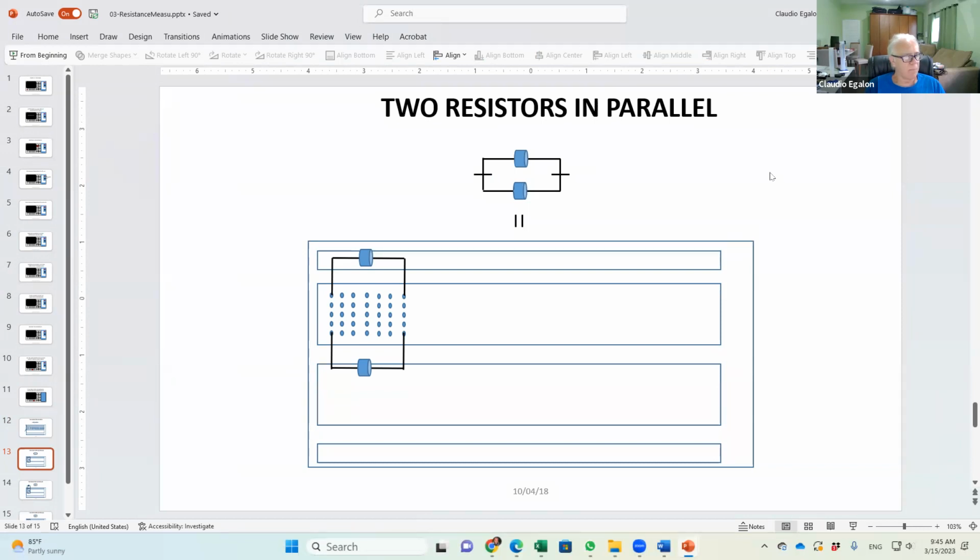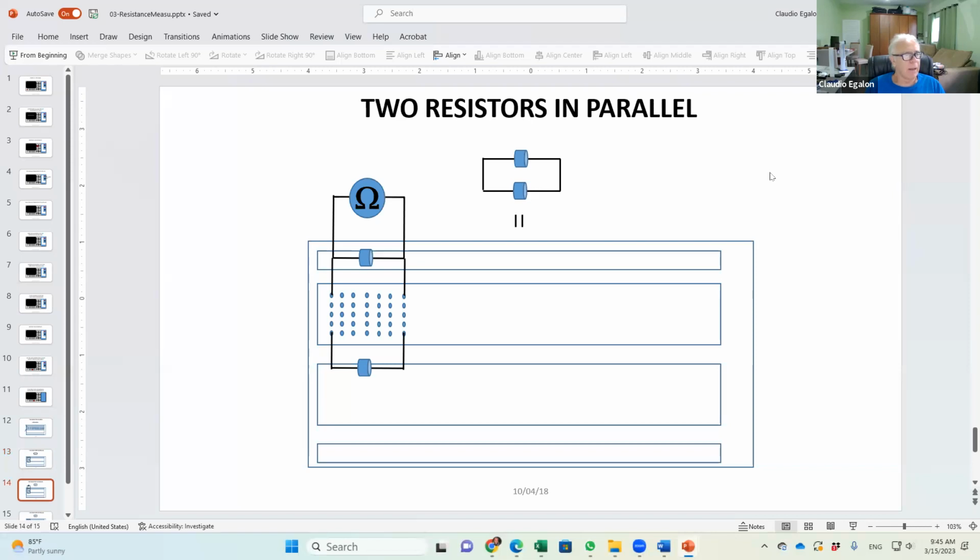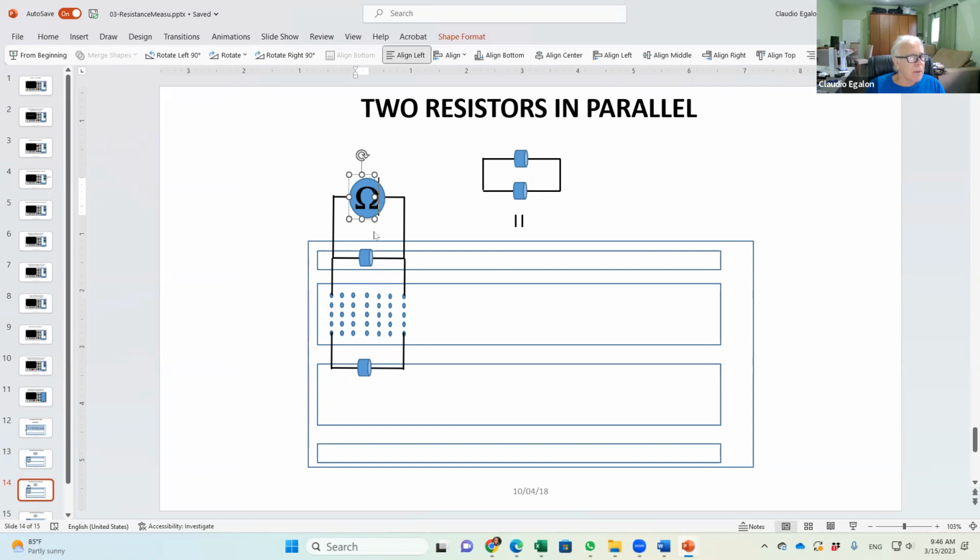Okay. And then what do we do to make the measurement? You connect the ammeter always in parallel with the resistor.